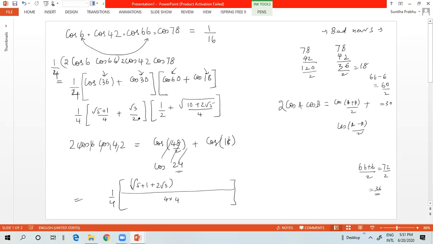I took the LCM of the whole thing, multiplying 2 by 2. And here it will be 2 plus, sorry, 2 plus root of (10 plus 2 root 5).